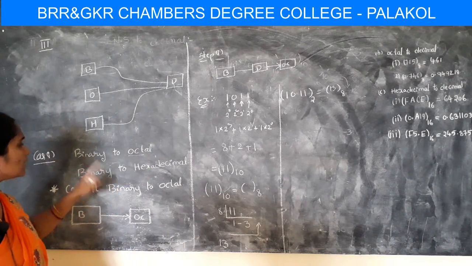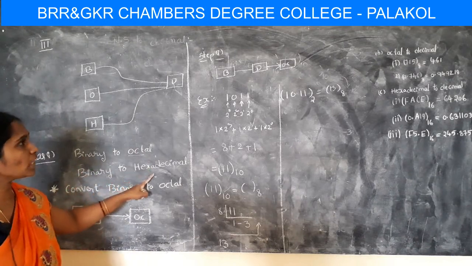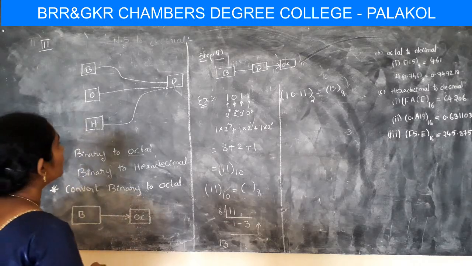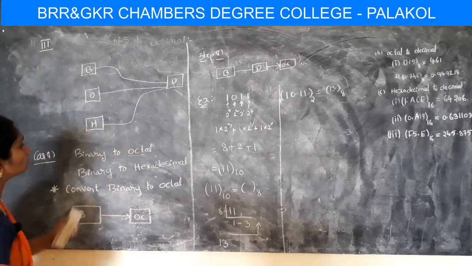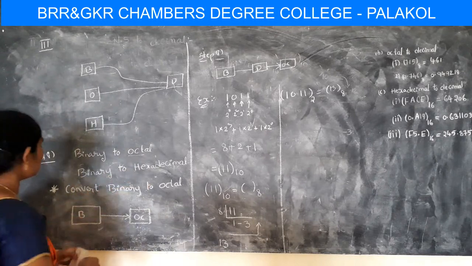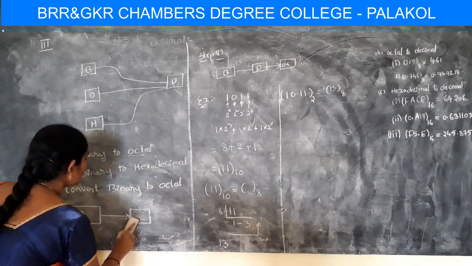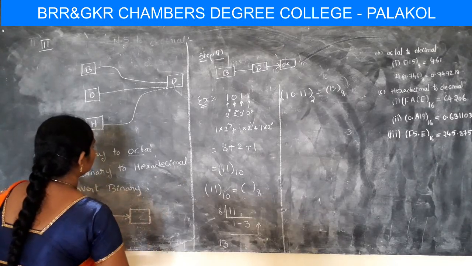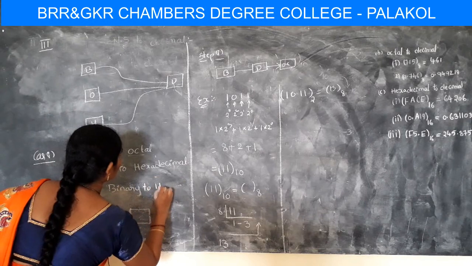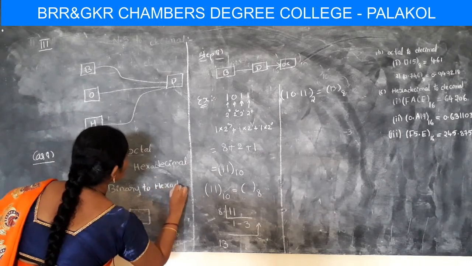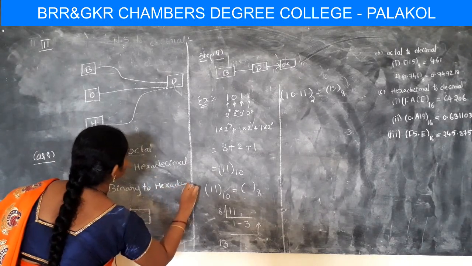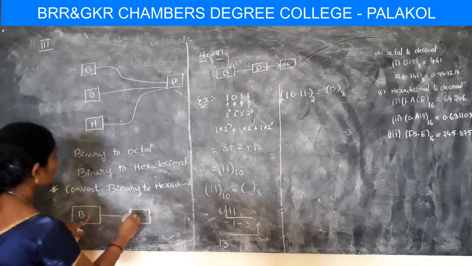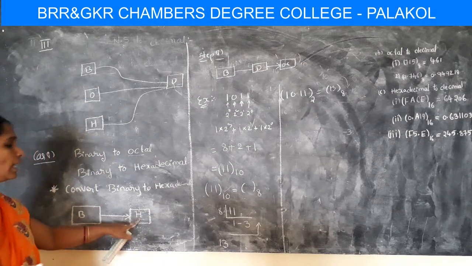And after that, the same procedure for binary to hexadecimal number. So what is the process? The question is how to convert the binary to hexadecimal, binary to hexa.